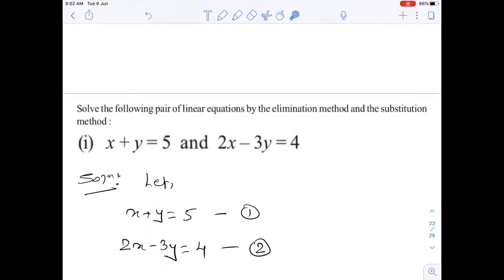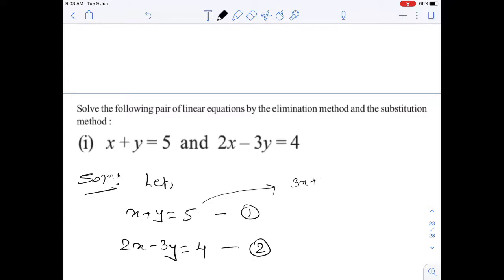One more condition: here minus 3y is present, here plus y, so we have to make this coefficient the same. Here it is 3, so we have to multiply this full equation by 3, then this will also become 3y.